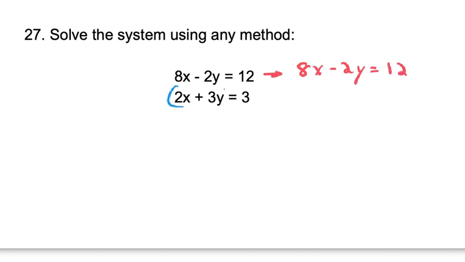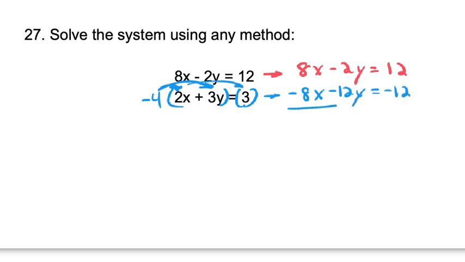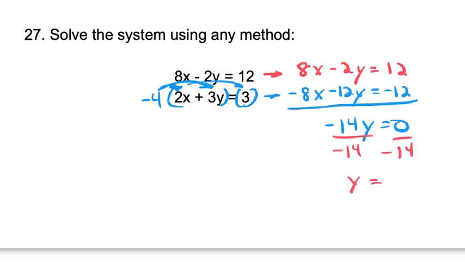I'll take the second equation times negative 4 to give me a negative 8x, a negative 12y and a negative 12. I add those up. Negative 14y equals 0. Just fine. Divide by negative 14. I can divide into 0. There are no 14s in 0.